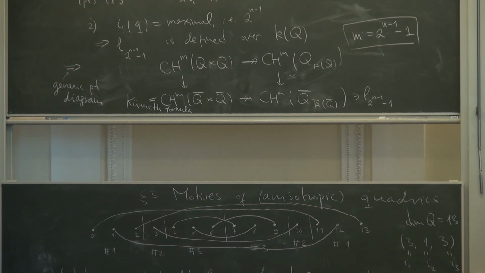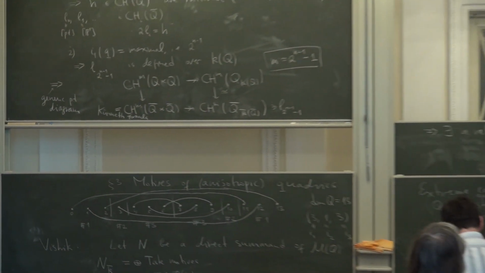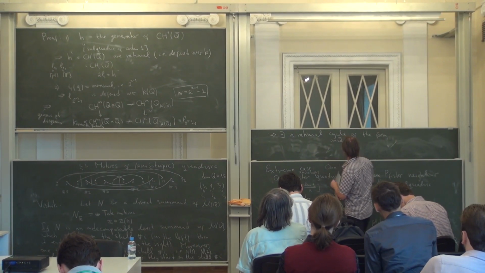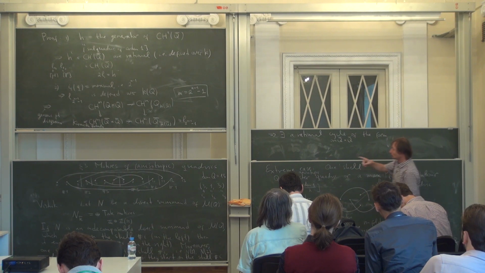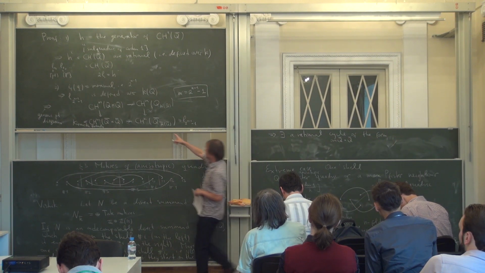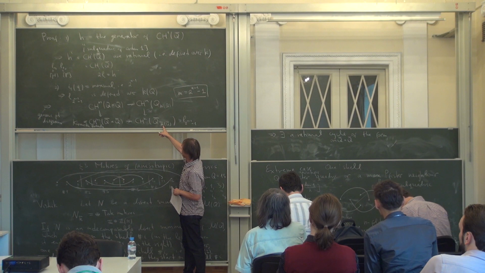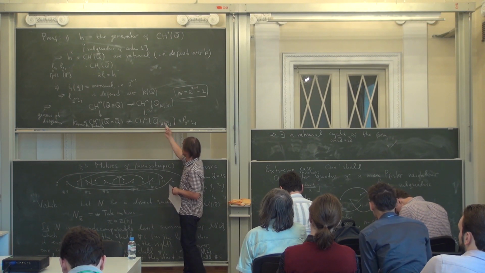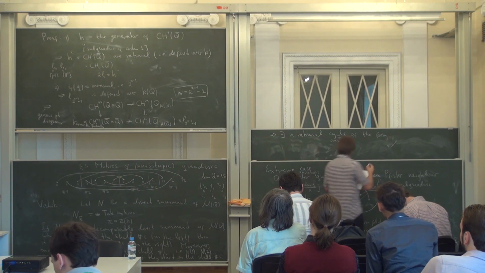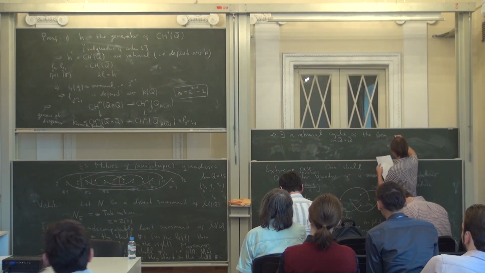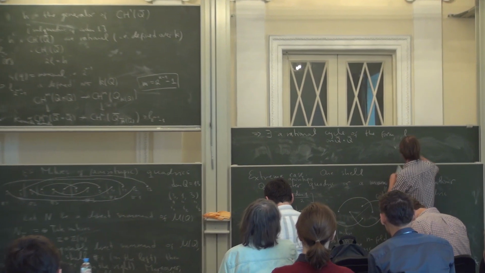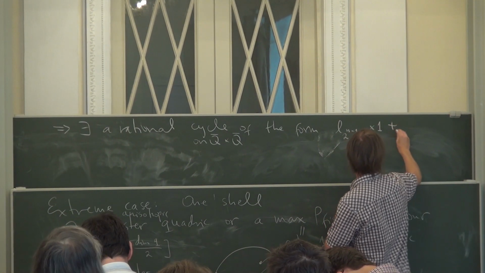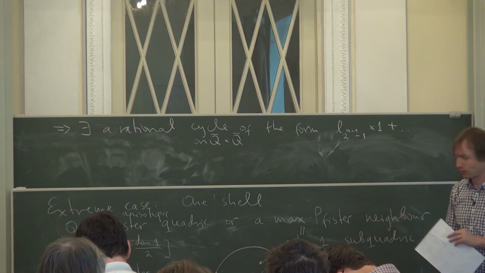of the form, well, a cycle on the product Q times Q. It should map, remember, just by the embedding, its projection, the projection to the first component. So it should look as L 2n minus 1 times 1 plus something from the kernel.